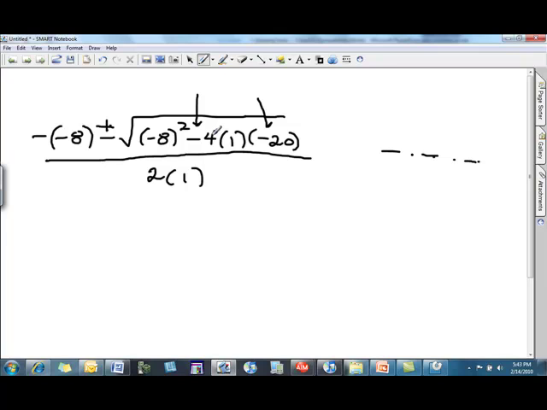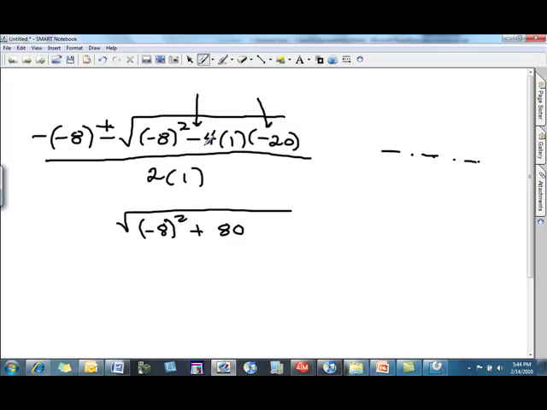So a -4 times 1 times -20 is a positive 80, and that's what's going to go here when we do our math. We have a -8 squared plus 80. And remember again, if this had just been the minus, this would be a subtraction sign.